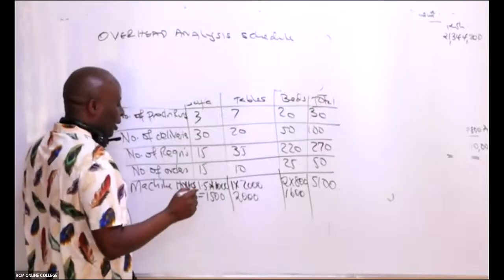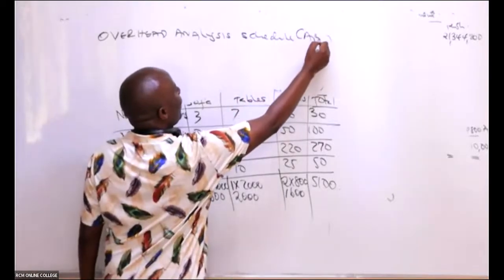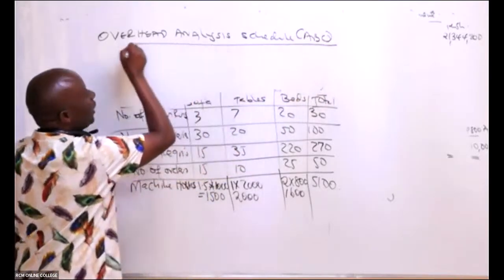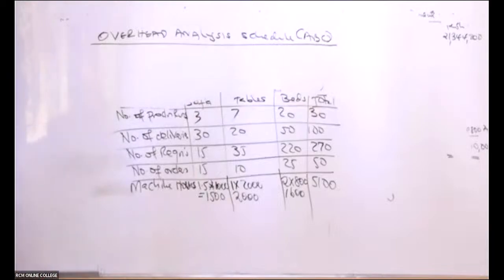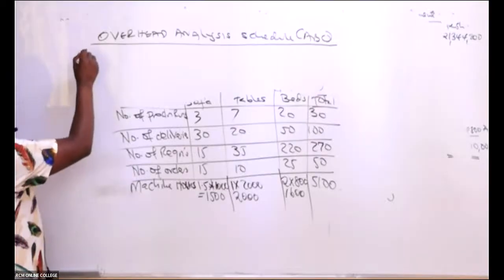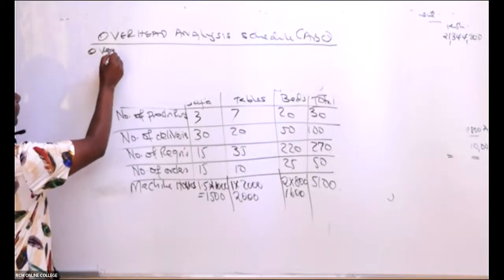And remember, we are using a very, very important model called ABC, overhead analysis schedule. So then you have your overhead here.